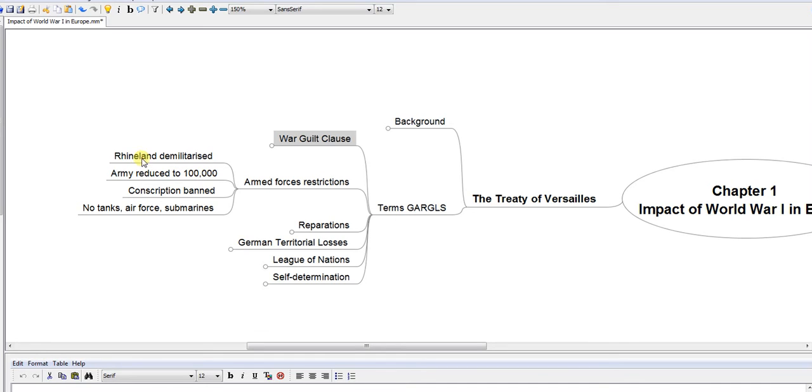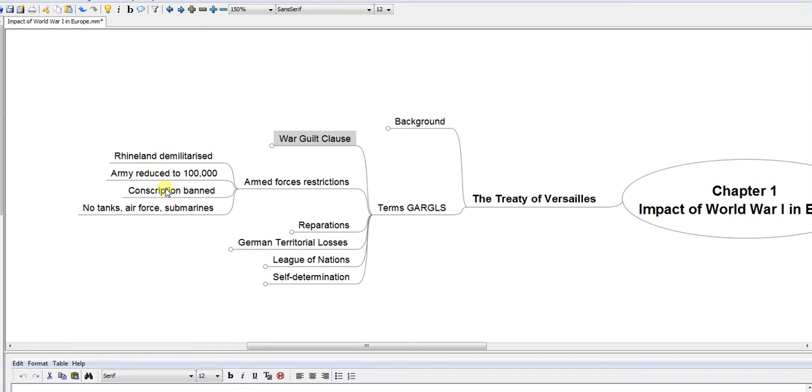Also the Rhineland, the area between France and Germany itself, was demilitarized. So basically, no troops, no weapons. They weren't allowed to be stationed there, although it was German territory and it bordered France. If you think about it, it creates a buffer zone, so that France will not face the threat of being invaded again by Germany.